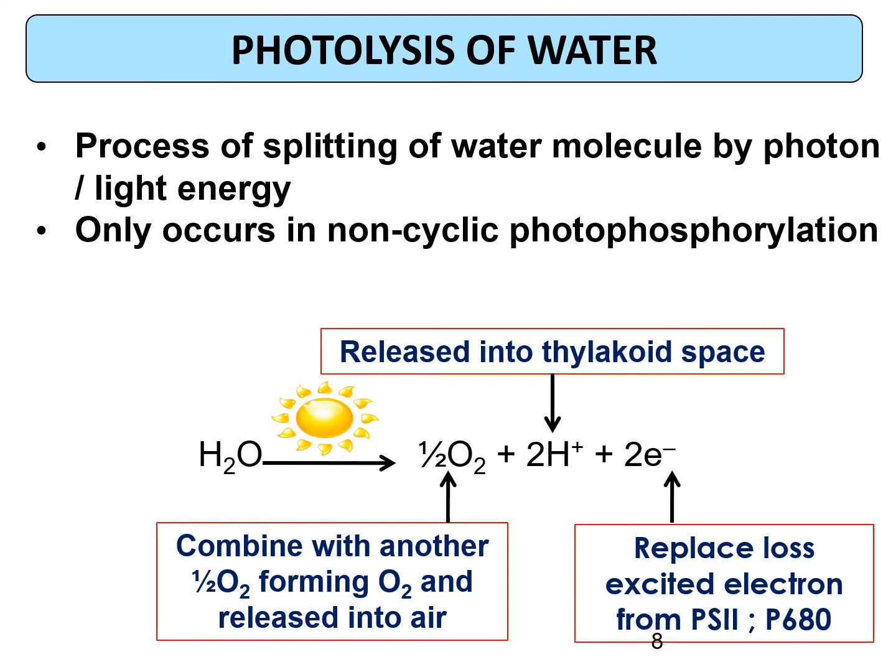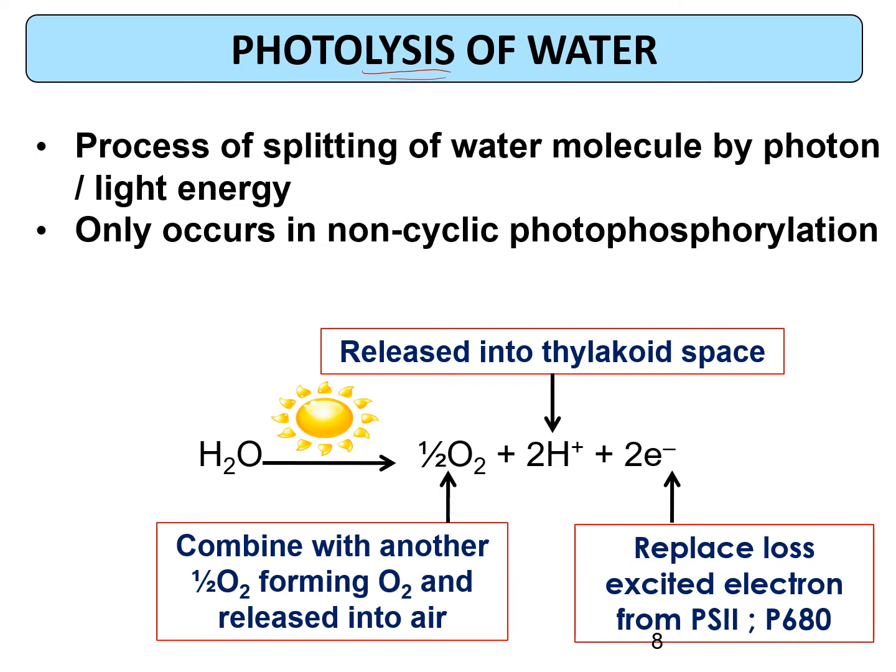So how and where can we get another electron to replace the loss of the electron in the primary pigment? This is where water is important. Water that is absorbed into the chloroplast will be lysed during the process of photolysis.